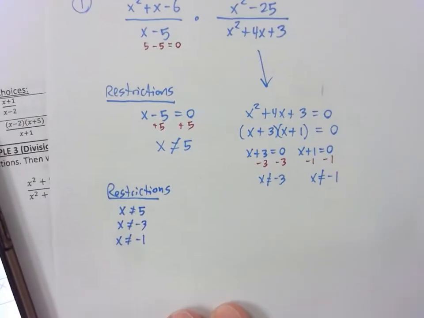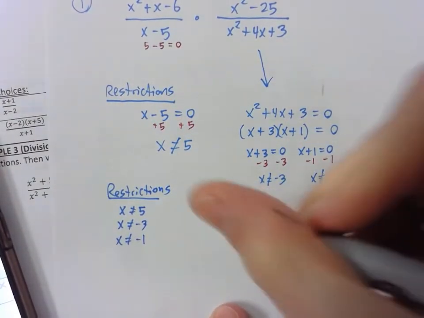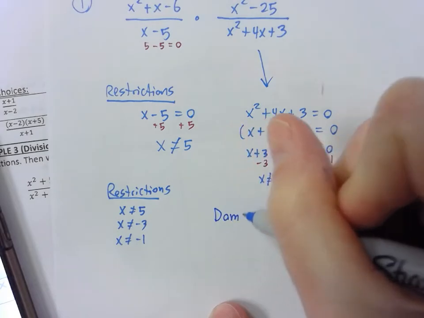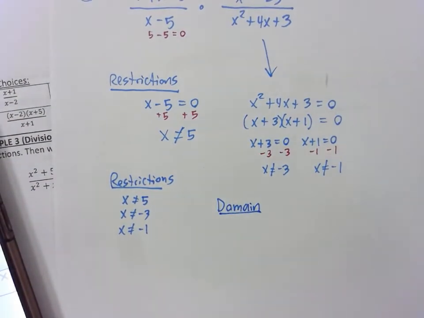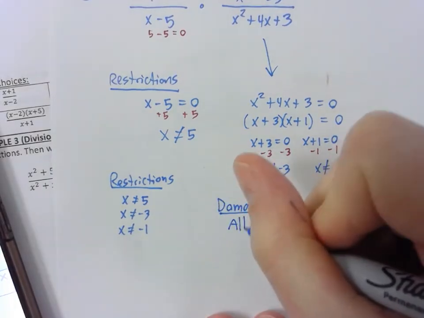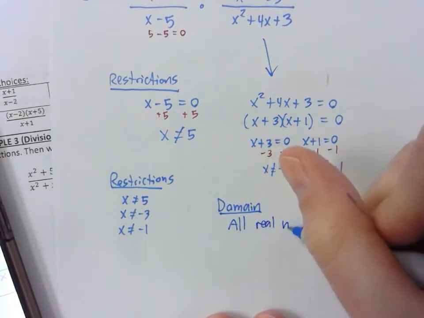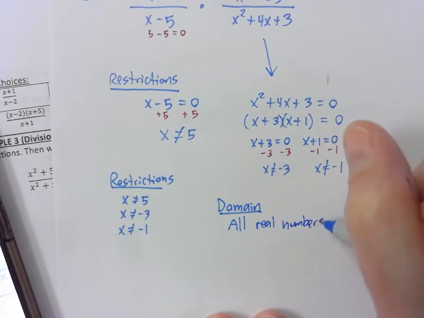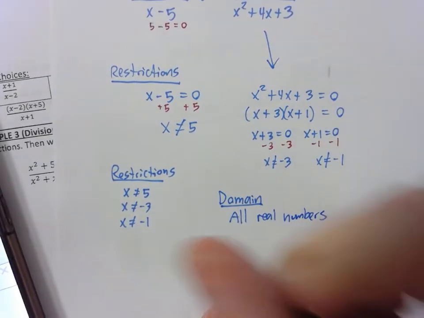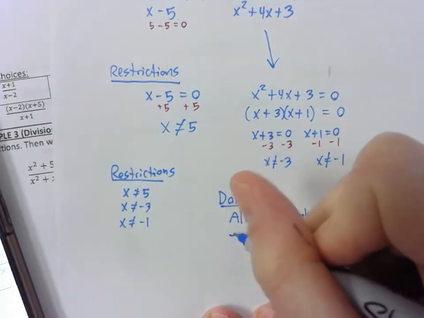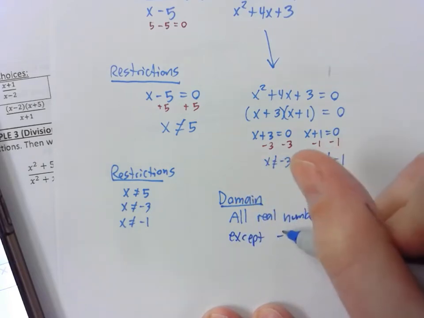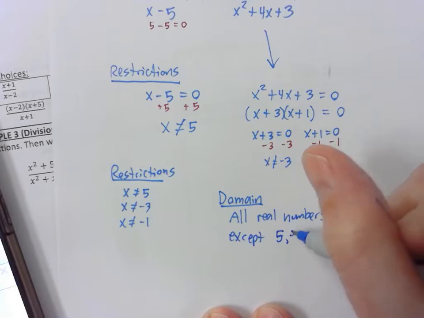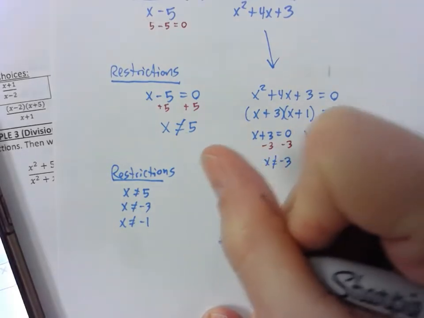So when we talk about restrictions, we want to compare that to domain. Your domain is all the numbers that work. So your domain is all real numbers, because you can plug in anything else into this expression, except for the 3 numbers over here. So we say except +5, -3, and -1.